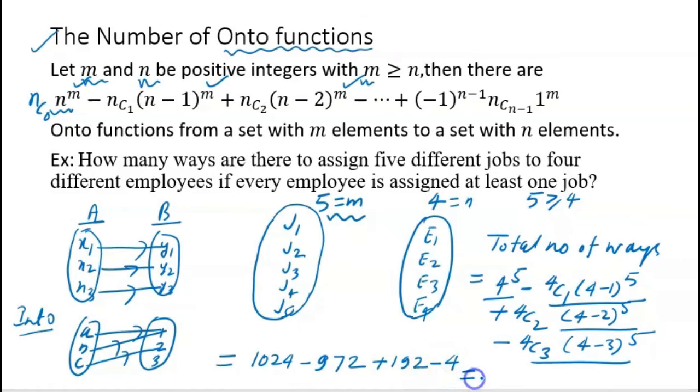So what will be the answer? The answer will be 240. So there are 240 ways to assign 5 different jobs to 4 different employees, so that every employee gets at least one job.